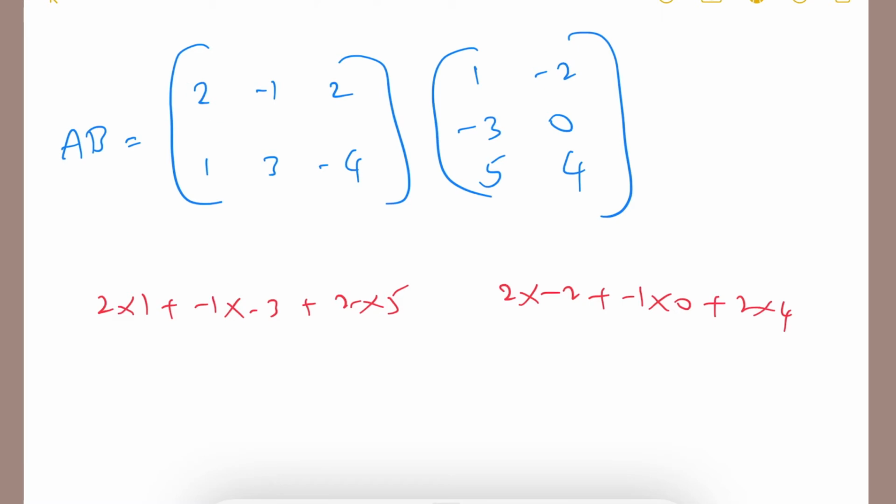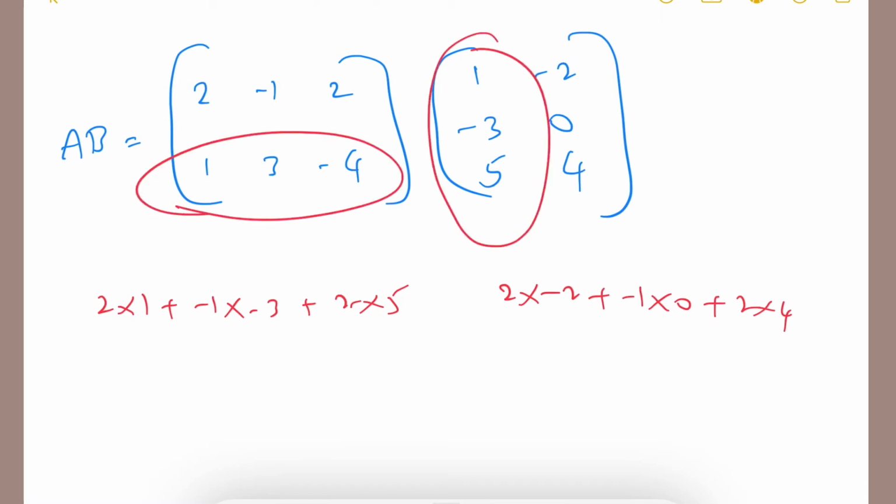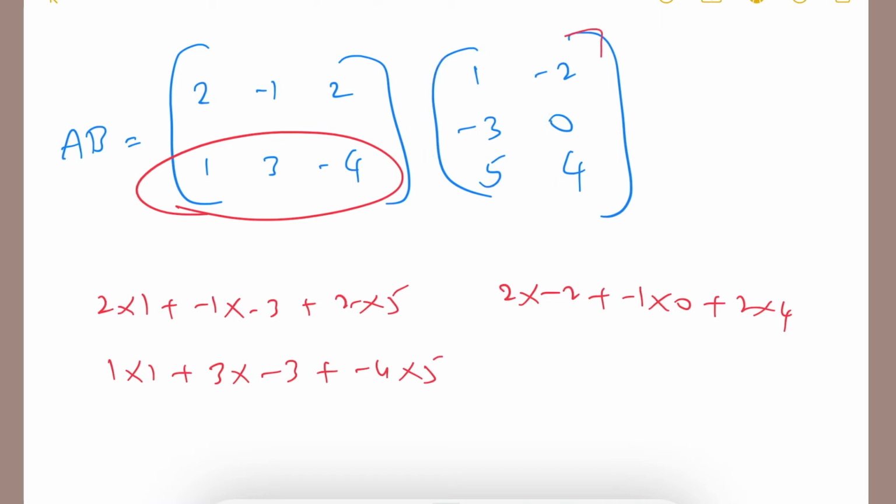Second row into first column: 1 into 1 plus 3 into -3 plus -4 into 5. Next, the second row we need to multiply with the second column: 1 into -2 plus 3 into 0 plus -4 into 4.